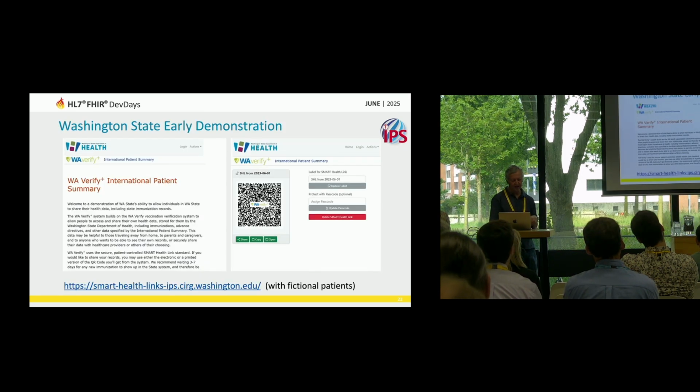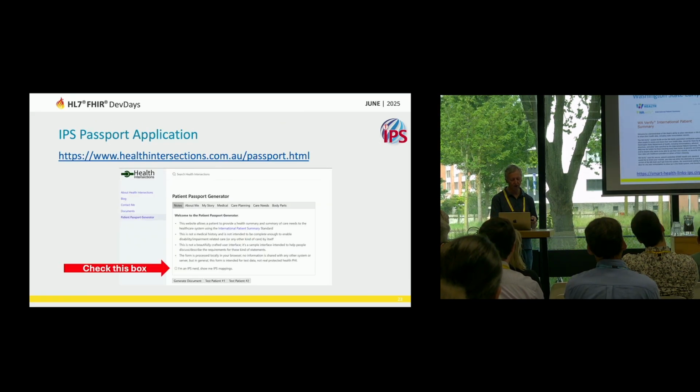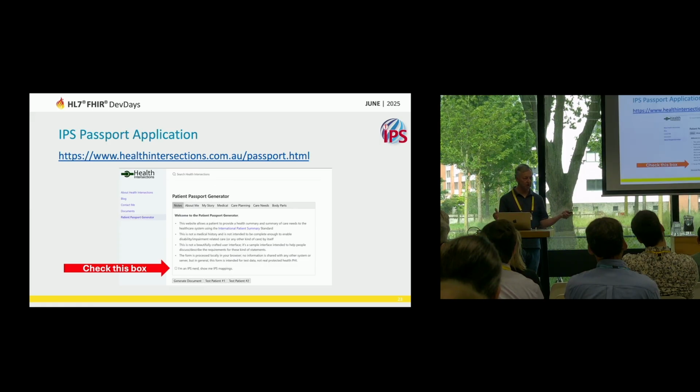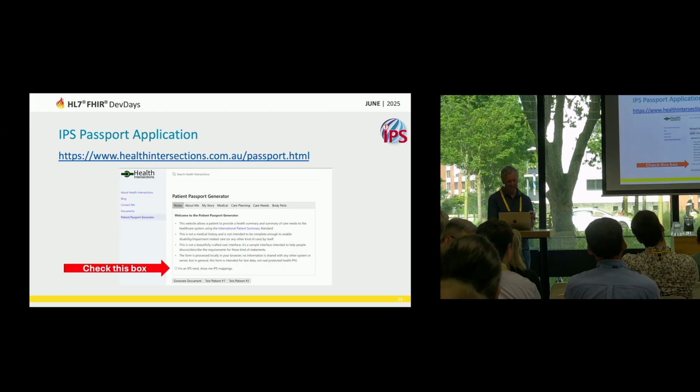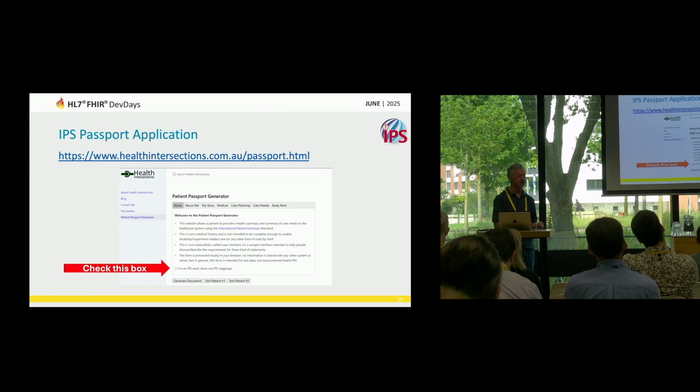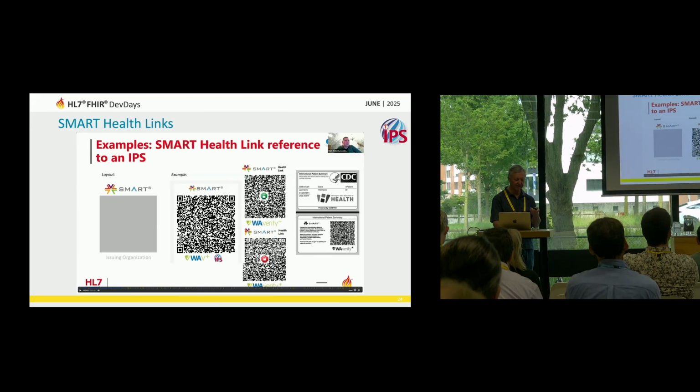We've got some demonstration projects like from Washington State using SMART Health Links, and some very good work there. We've got the IPS passport application that Graham Grieve has put together fairly recently. I think I'm about out of time, but that's worth checking out if you haven't already seen it. It's a way to do a patient-created IPS and do some special things that Graham wanted to emphasize, and he's got a nice application for that. And again, with SMART Health Links, you can look into more details on that.